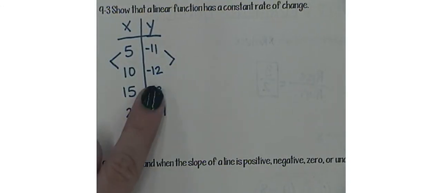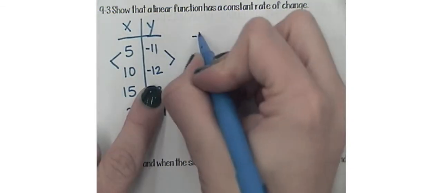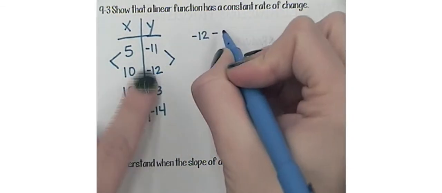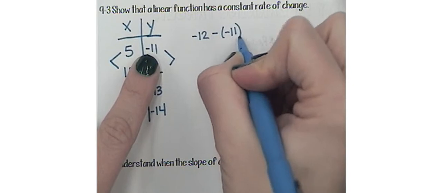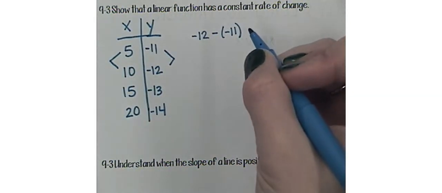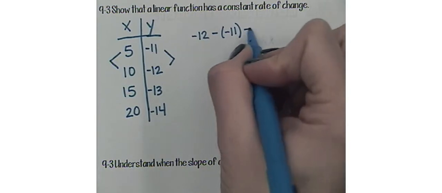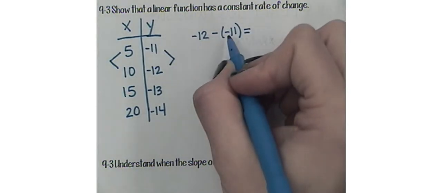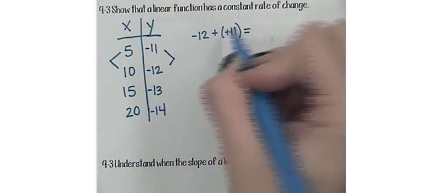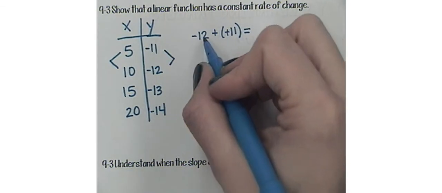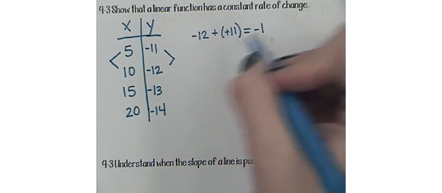So we're going to take -12 minus -11. What do we get? Two negatives turn into a positive. So -12 plus 11 is -1.